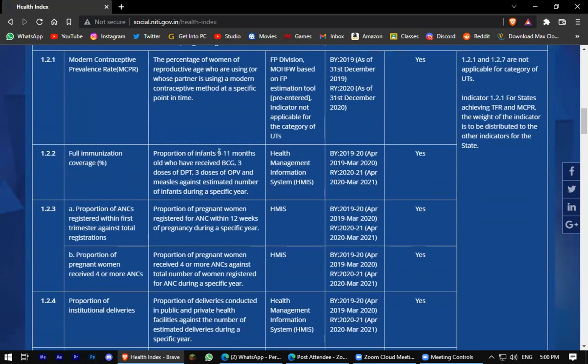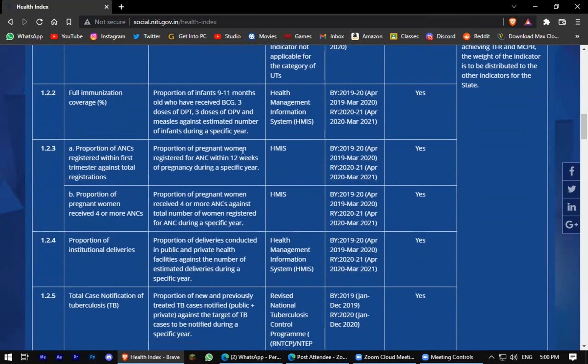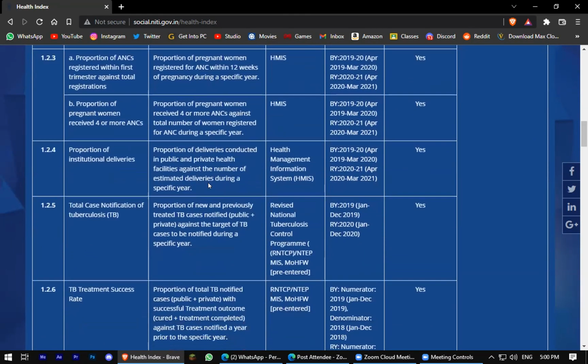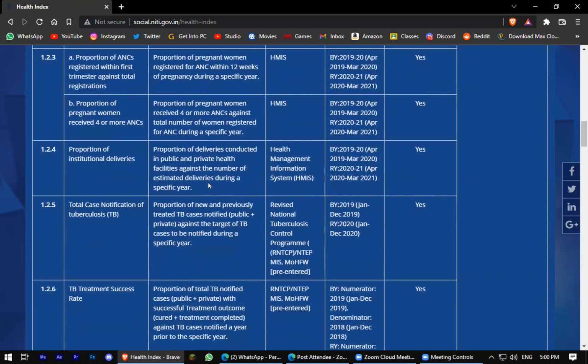Proportion of infants between 9 to 11 months who have received BCG injections, DPT, oral polio vaccines. Proportion of pregnant women registered for ANC within 12 weeks during a specific time period, that is a specific year. So for each of the things, we are actually giving a timeline also. And for each of the timelines, we are taking data.